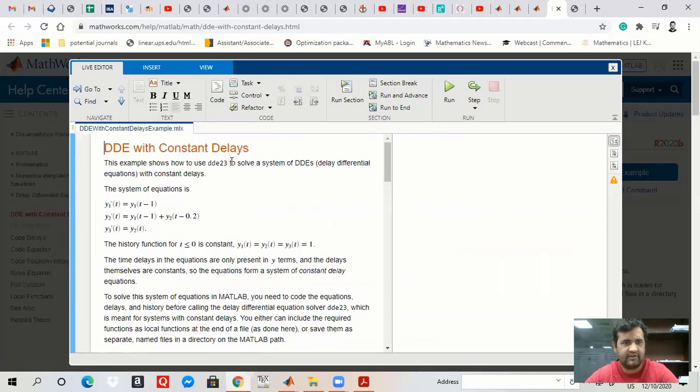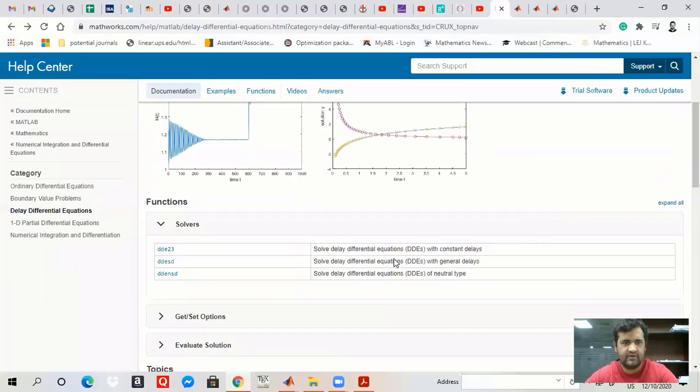Now I choose this special case, delay differential equation with constant delays. As an example, I have this system. I pick one of the solvers, let's say this MATLAB solver DDE23, to attack delay differential equations with constant delays.